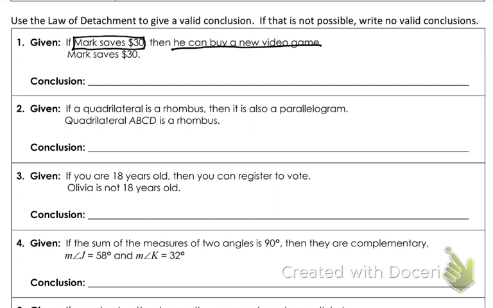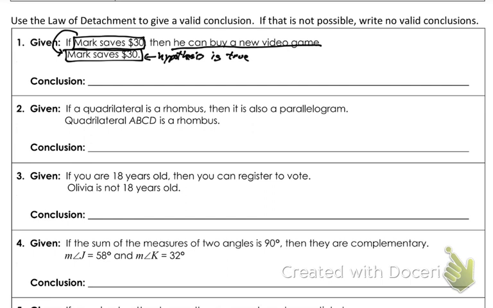All right, so it says if Mark saves $30. That's my hypothesis. Does the hypothesis come true? Does Mark save $30? Yes. This matches my hypothesis. Those two things match. Your hypothesis came true. So my hypothesis came true, so my conclusion is Mark buys a new video game.